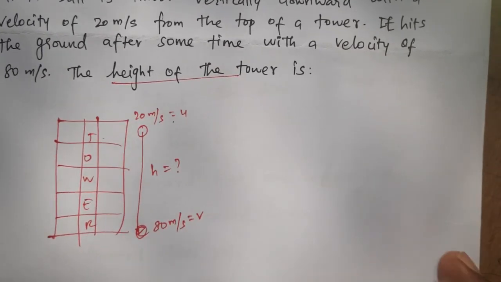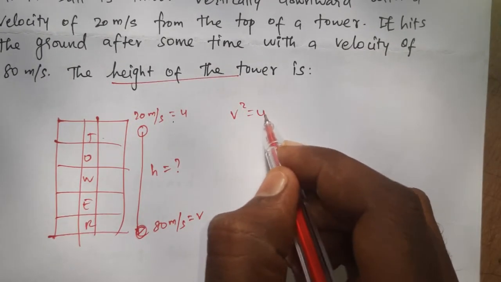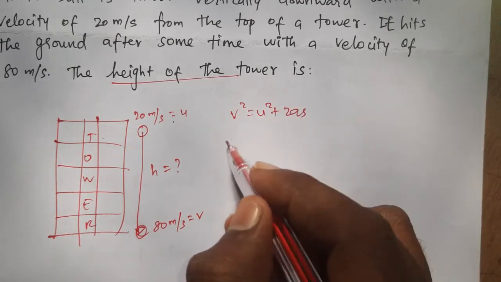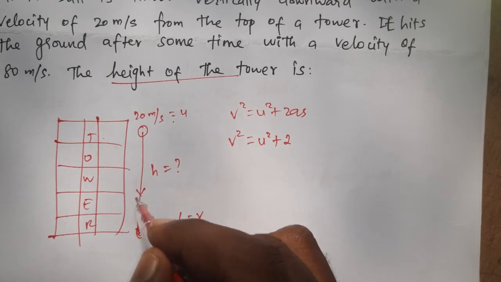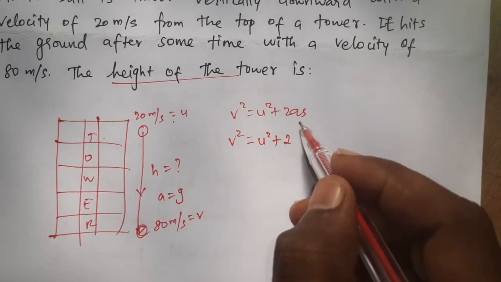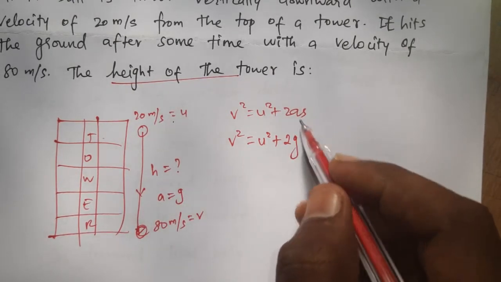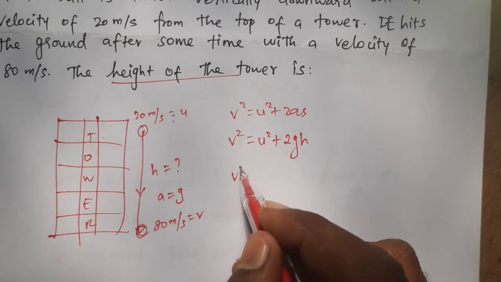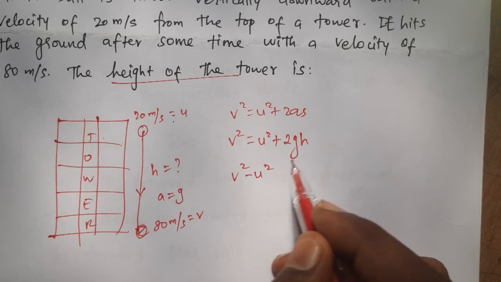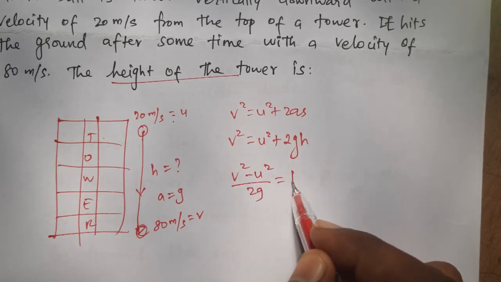We can use one of the equations of motion: v square equal to u square plus 2as. This is acceleration downwards, so a equal to g. Instead of a, you can use g. S is the displacement, here height is h. Now v square minus u square, divided by 2g, equal to h.